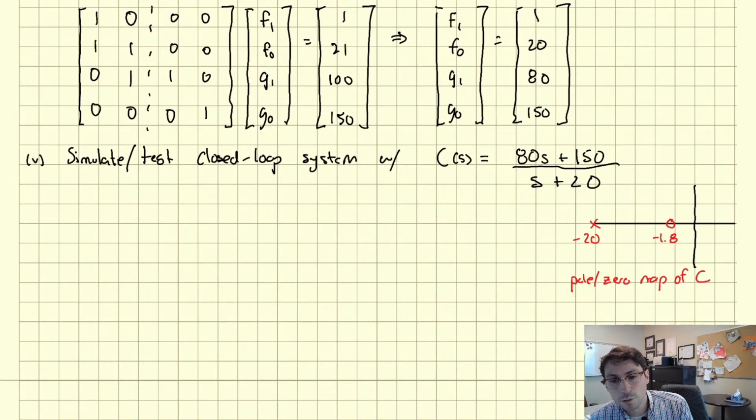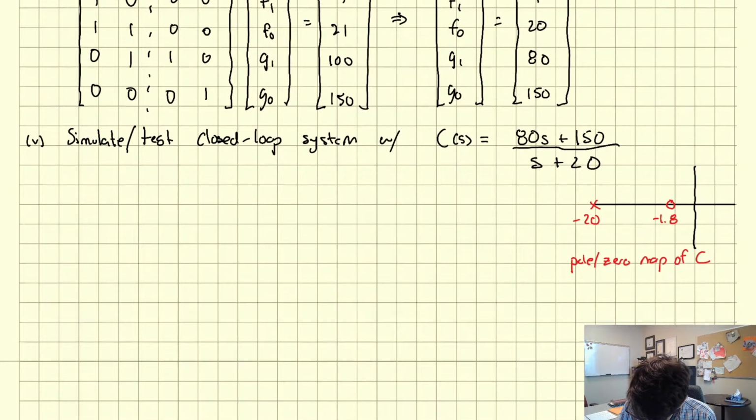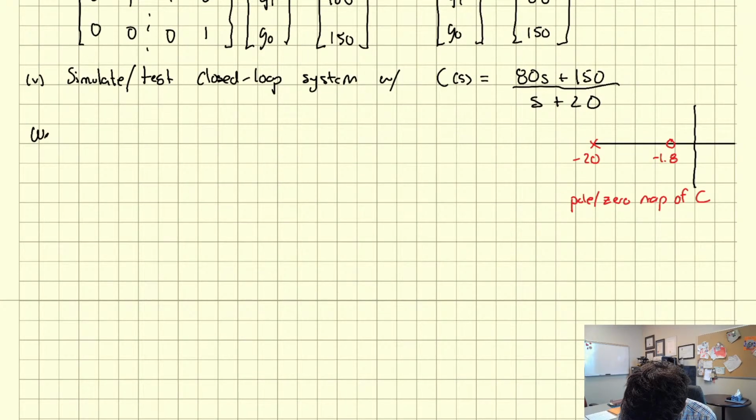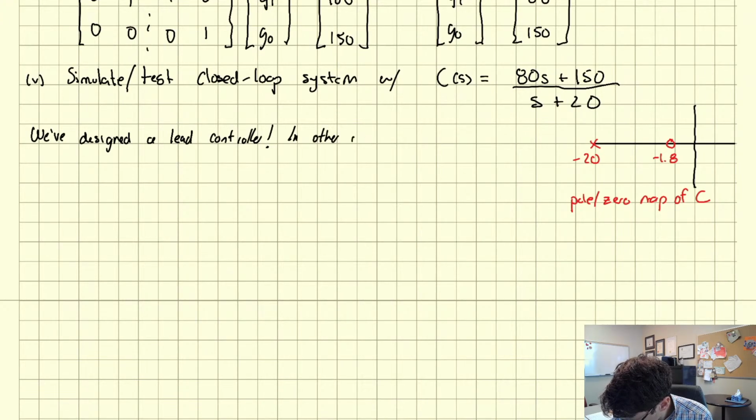This is what in third year course you would have called a lead controller, or you can think of it as a PD controller. Essentially, this pole placement has generated for us a PD controller. So I'll just mention that. We've designed a lead controller. In other words, a PD controller.